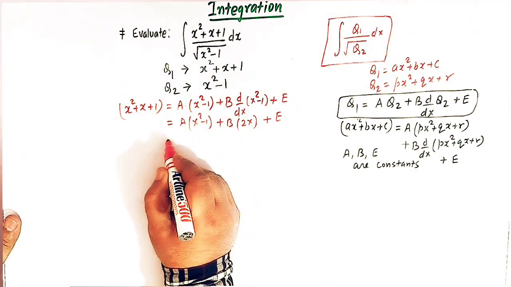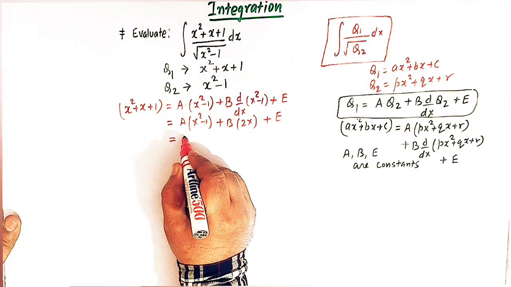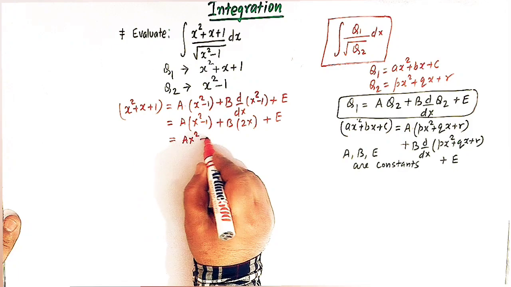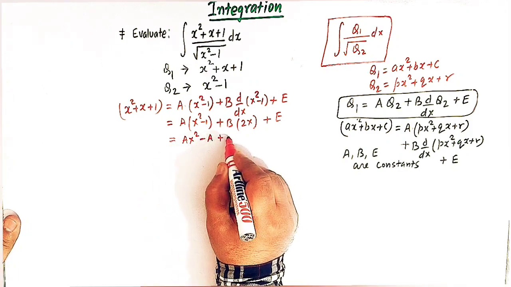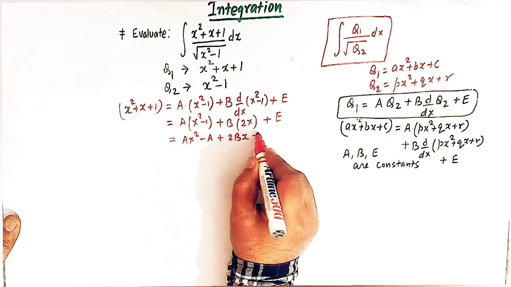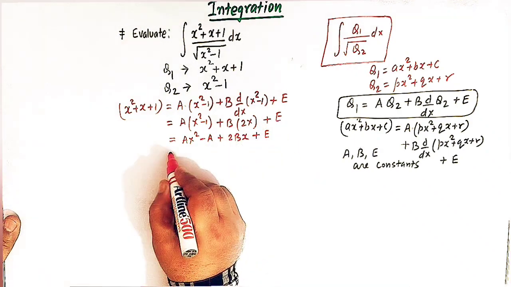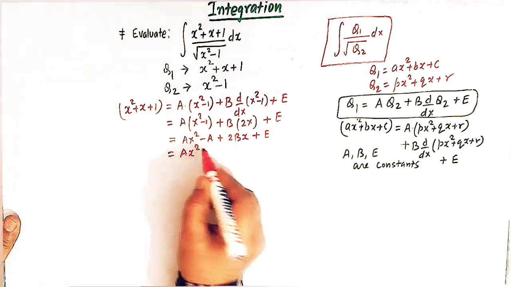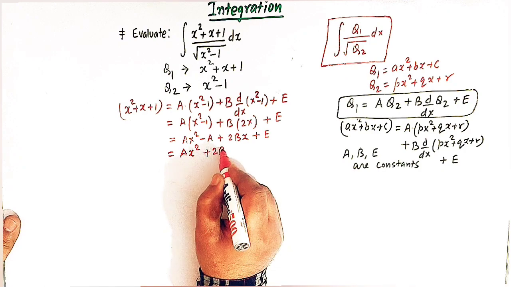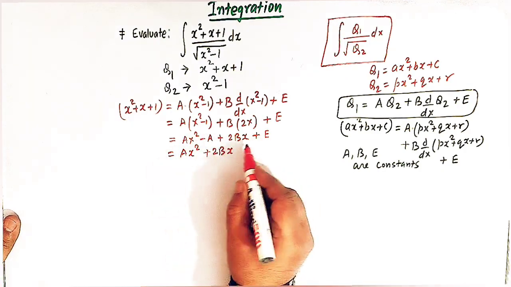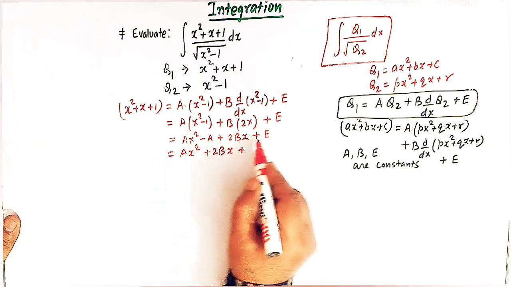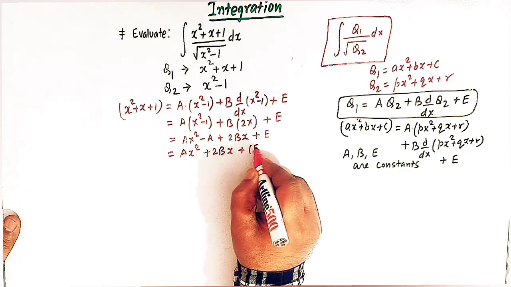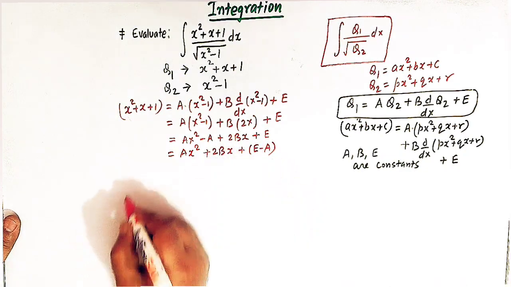So now let us rearrange the terms here. So we have ax square minus a plus 2bx, and here we have e, right? So we have ax square, then we have 2bx, and then we can collect these two terms. So we have e minus a, right?